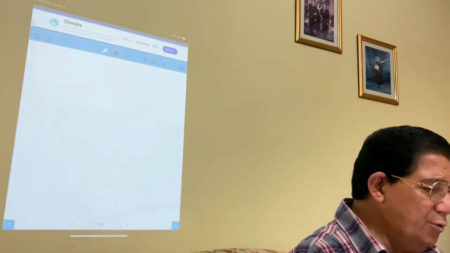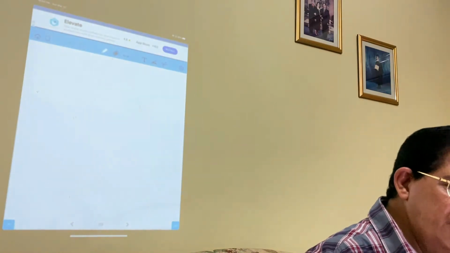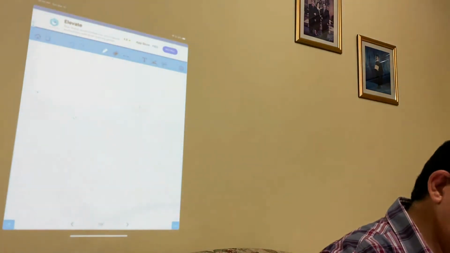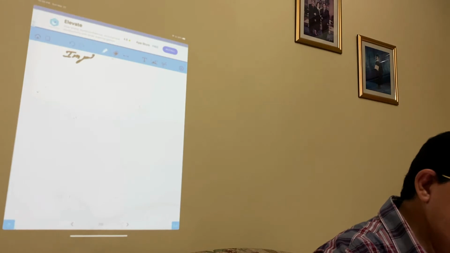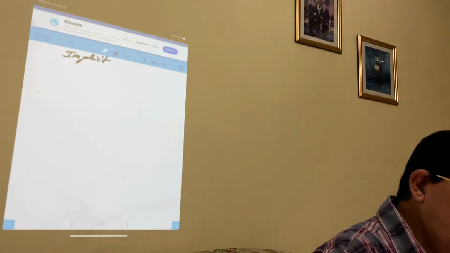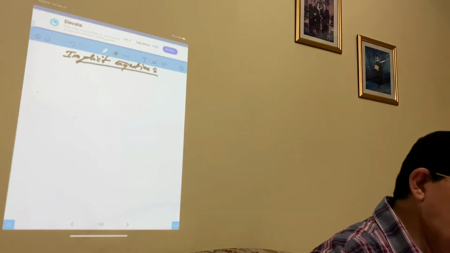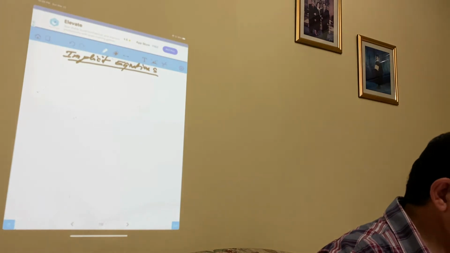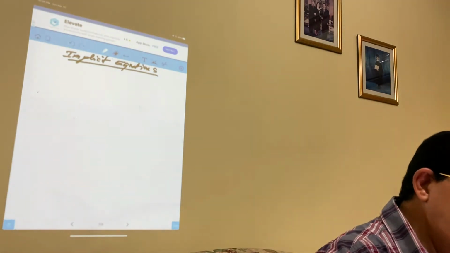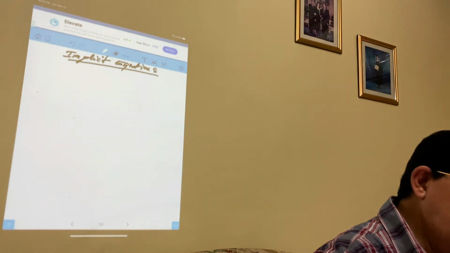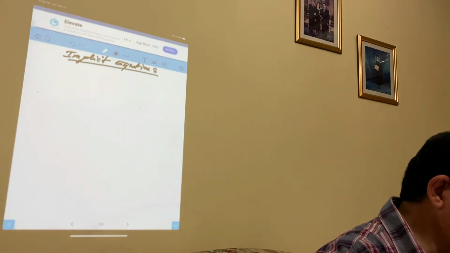Now we are going to go into another type, which is what we call implicit equations. Implicit equations are equations where we cannot write y as the subject. x and y are implied together.